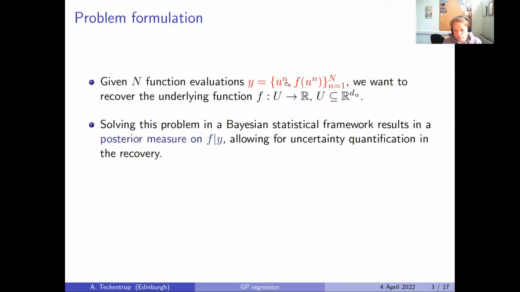But it's also a classical numerical analysis problem in terms of interpolation or regression, and reduced order modeling quite often fits into this framework, where you have some very expensive function f, and you want to construct a surrogate model for f, by choosing a small number of function evaluations and then constructing a reduced order model from there.